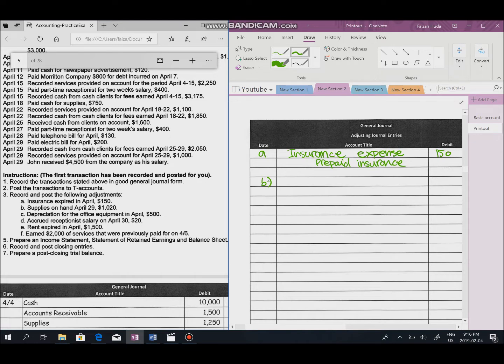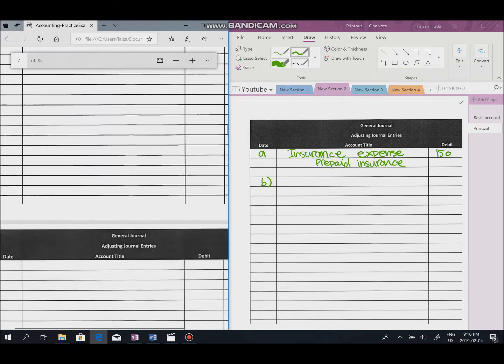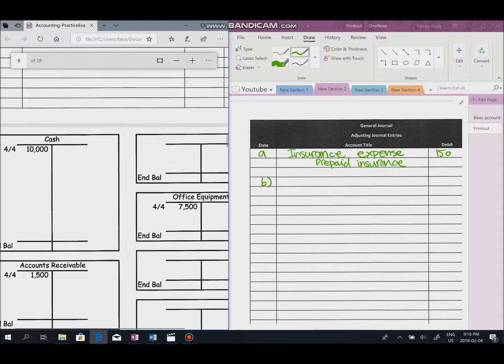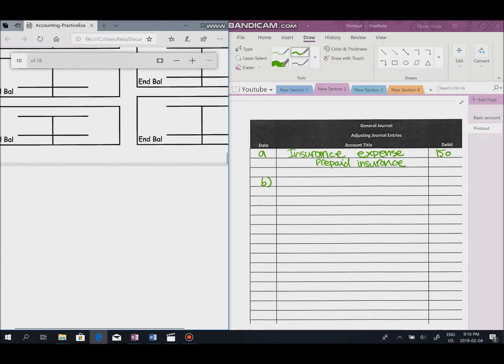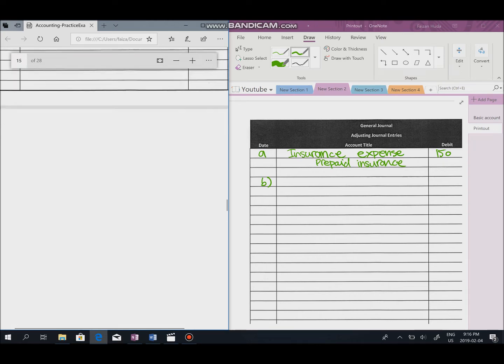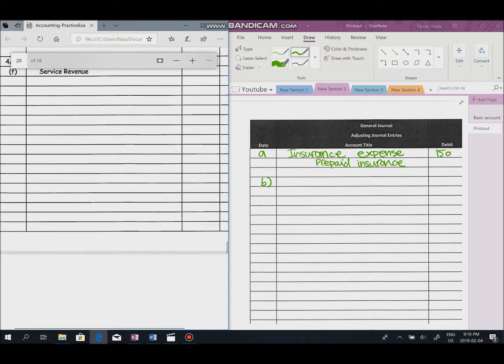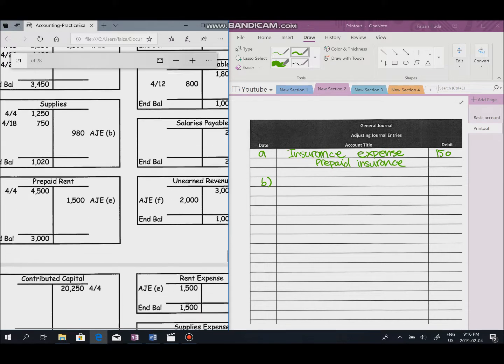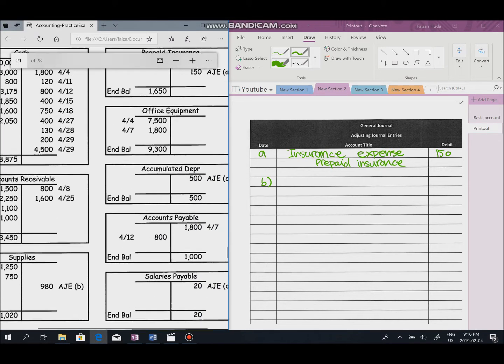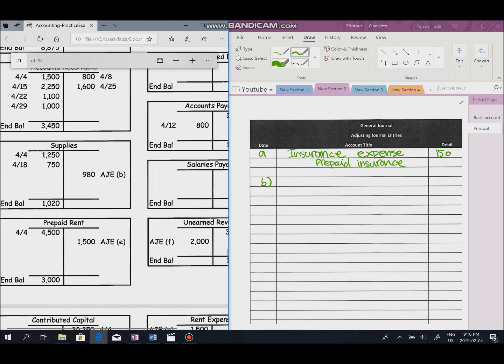Supplies on hand, April 29 was 1020. So I don't know what the balance for our supplies is, so I'm just going to double check the balance for supplies. Just give me a second. Cash, accounts receivable.